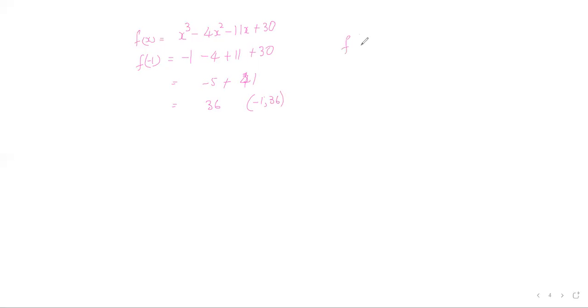Let's have a look at f of 11 over 3. This is 11 over 3 cubed minus 4 times 11 over 3 squared minus 11 into 11 over 3 plus 30 over 1. 3 cubed is 27. 11 cubed is 121 times 11, and that should give us 1,331.